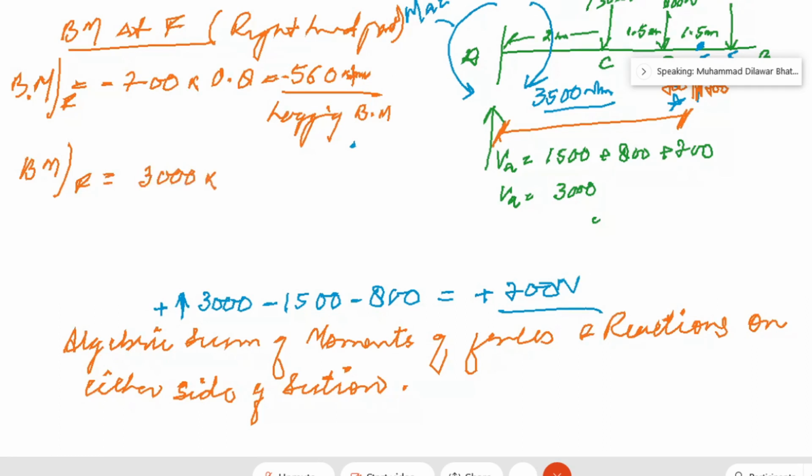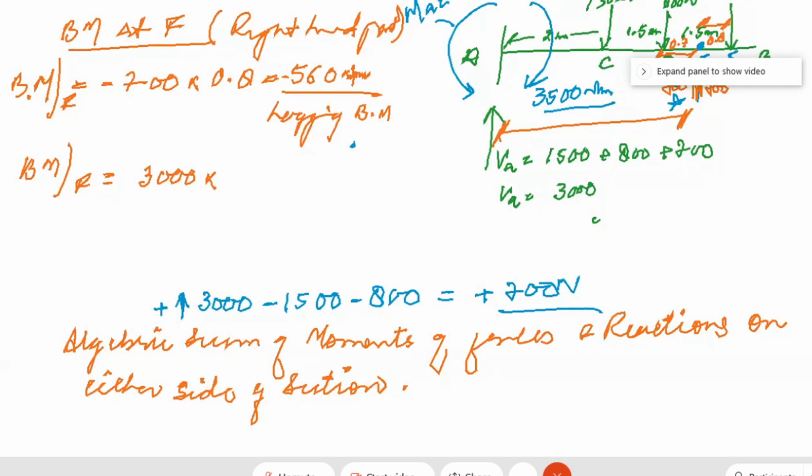multiplied by how much is the distance? F point is at a distance of 0.7, because we need to calculate it from point A. This is 0.8, mentioned earlier.